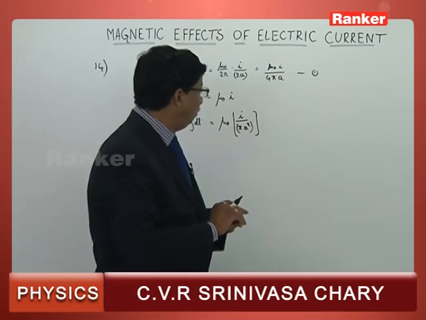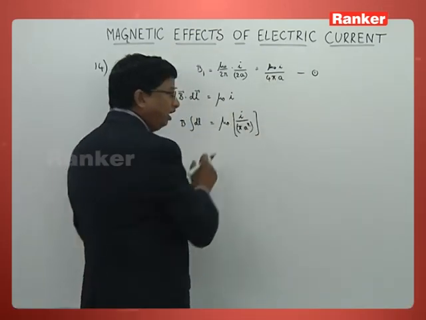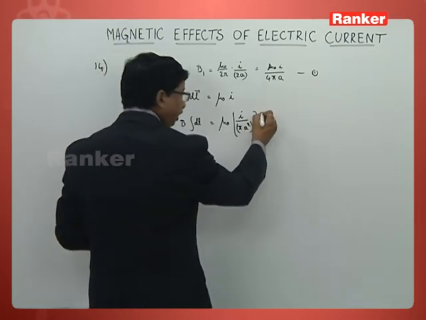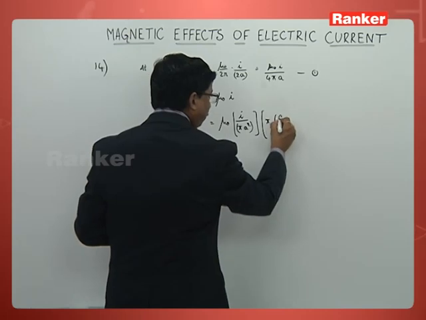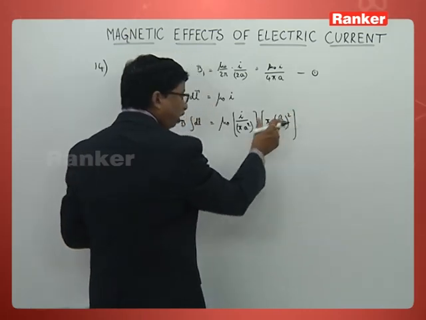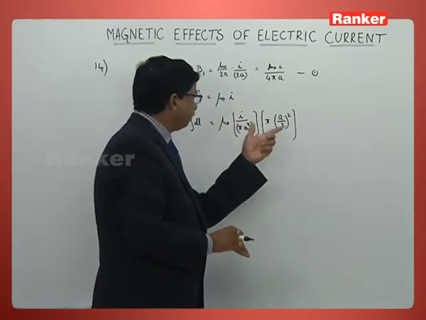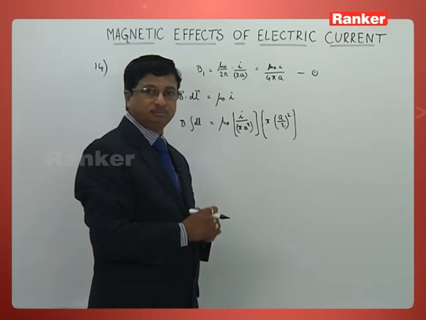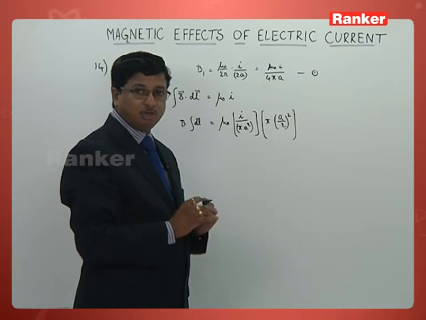So what I can now write in this case is, per unit area, this is the current. Now what is the area? Presently, we have pi into a by 2 whole square. For this area, what is the current passing across that cross section? I think this calculation is clear to all of you.